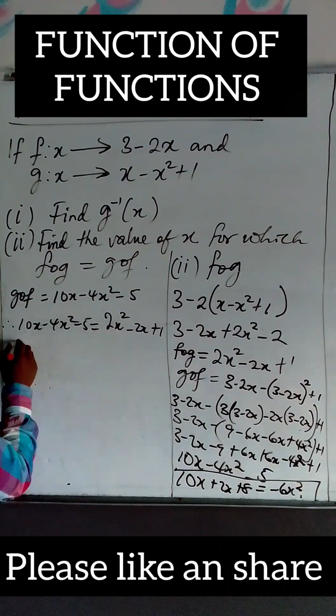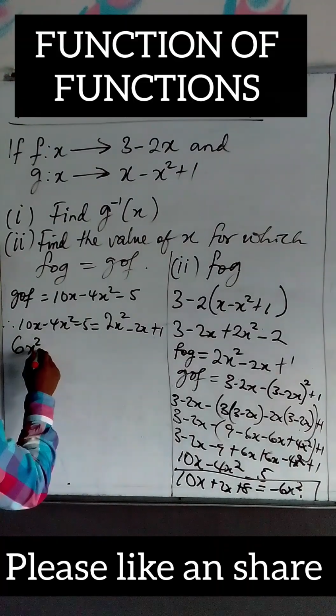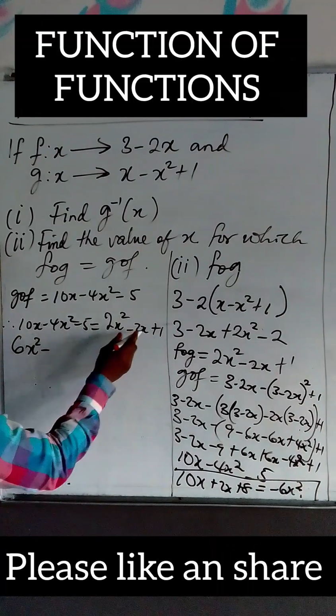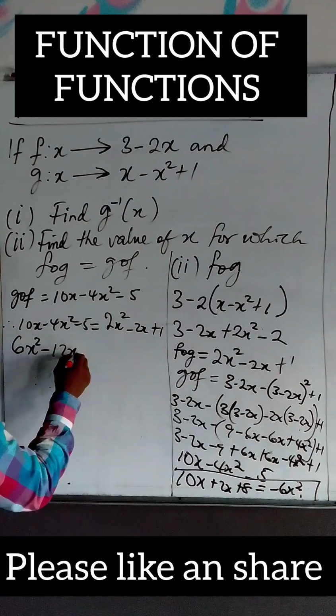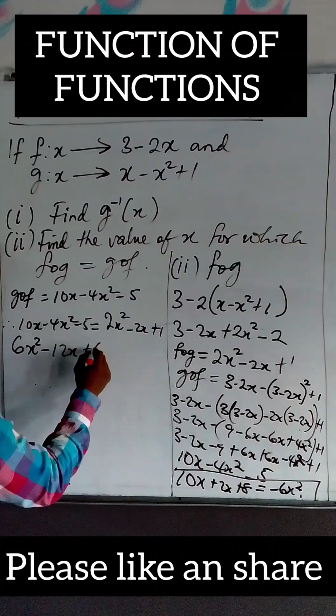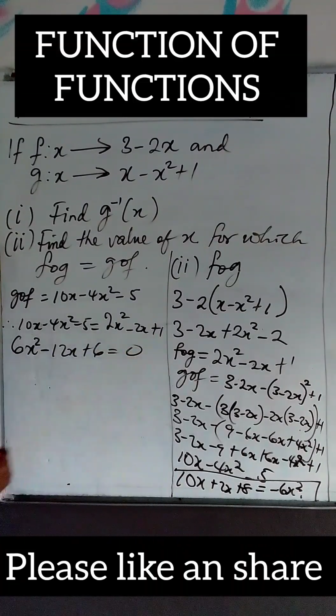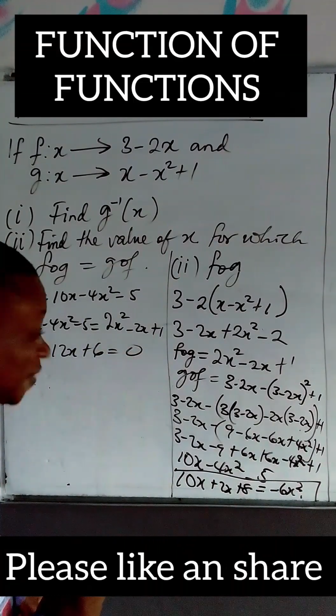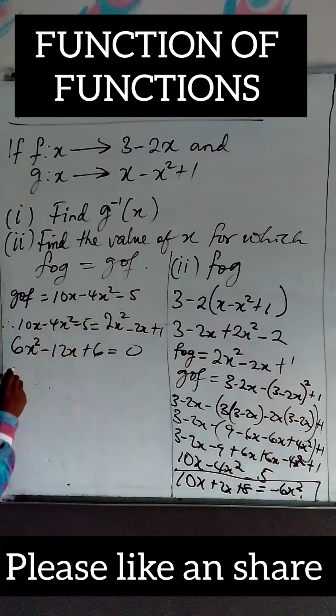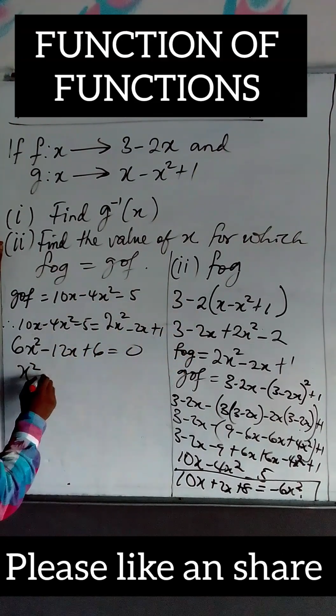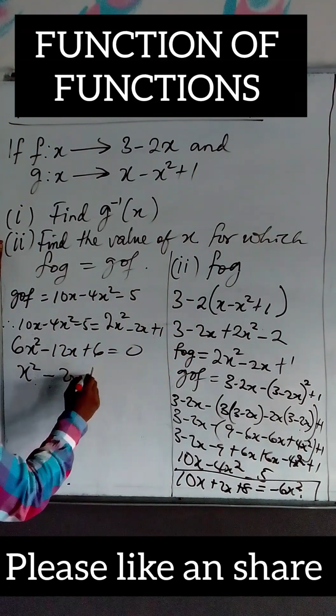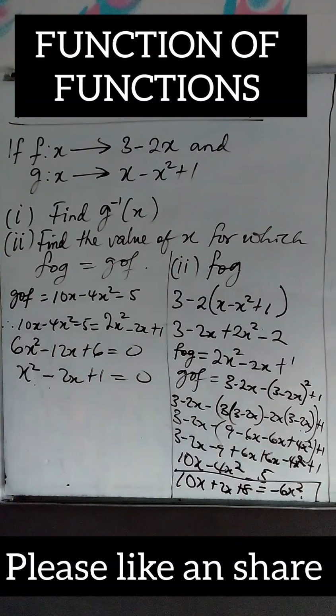Bringing this to the side will give us 6x squared minus 12x plus 6 equals 0. We have a quadratic equation to solve. Divide through by 6. We have x squared minus 2x plus 1 equals 0.